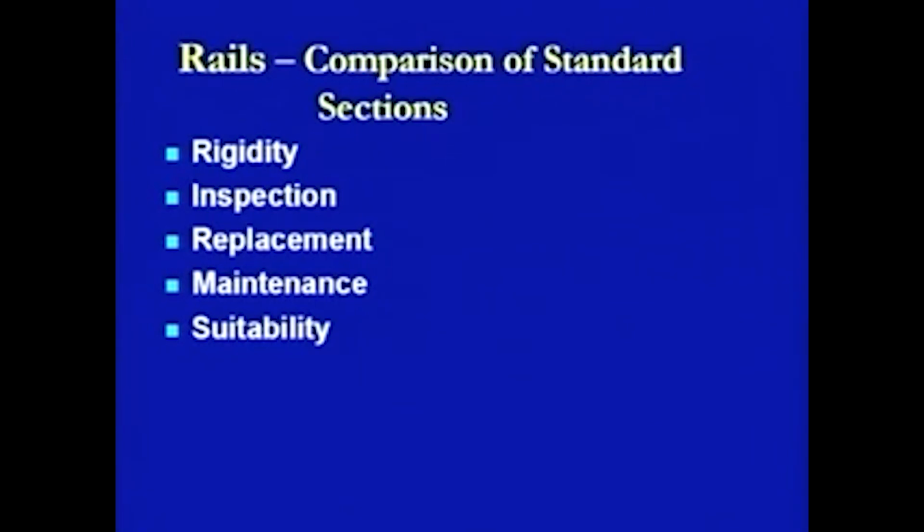Suitability is another aspect, that is, the locations where those rail sections can be easily used. Whether that suitability is available to all the rail sections or not, we have to take care of that.